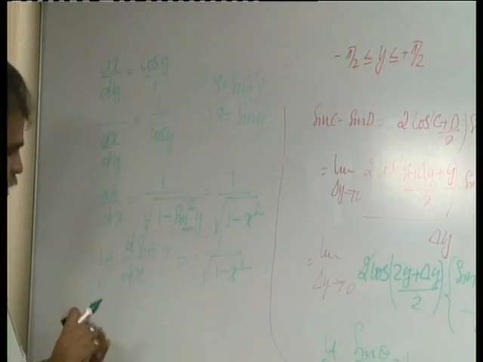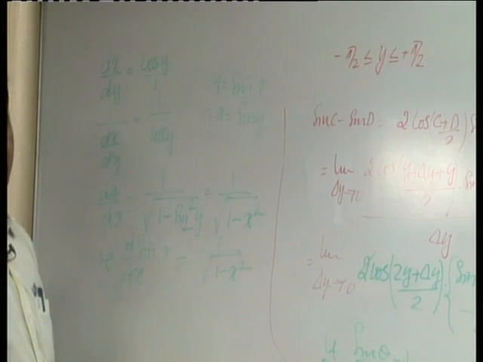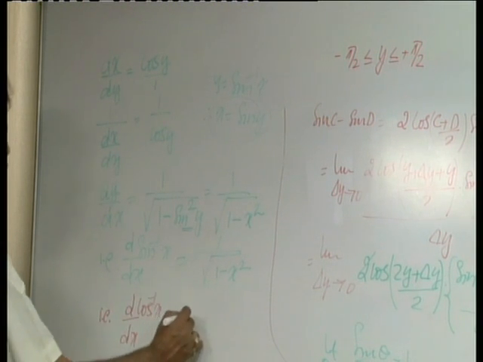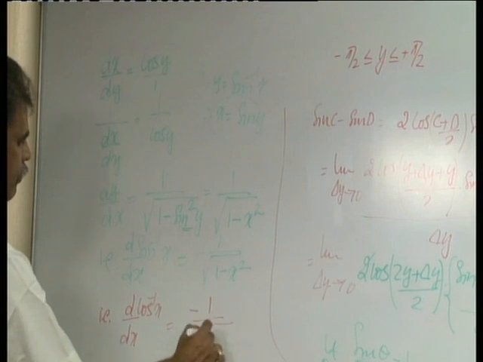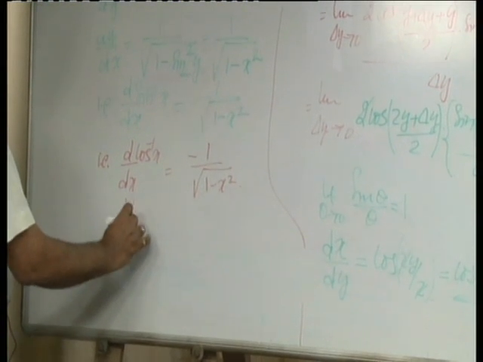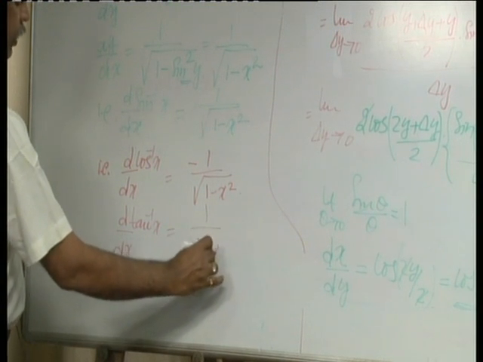Using the same concept, or using the first principle method, we can also derive the derivatives of other inverse trigonometric functions. So, you try on your own. Differentiation of cos inverse x, we will get minus 1 by root of 1 minus x square. d by dx of tan inverse x, we will get 1 by 1 plus x square.